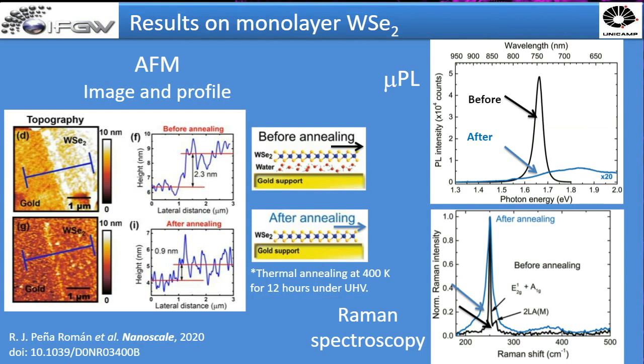And several studies could show that if you do, for instance, photoluminescence mapping, you see that the water close to the border of the TMD starts to get out first, and the border of the TMD starts to get different optical properties as seen by photoluminescence mapping.